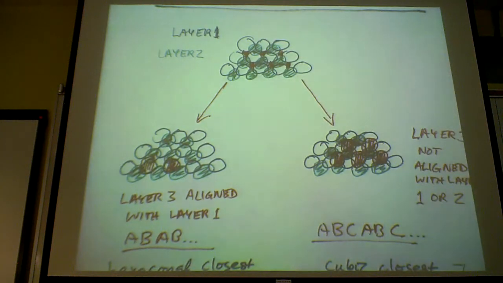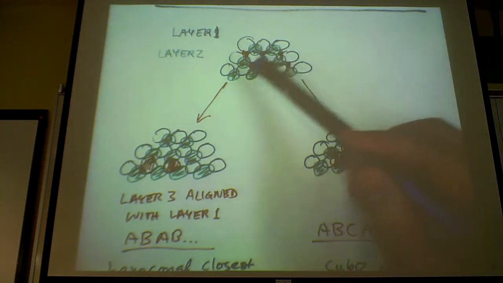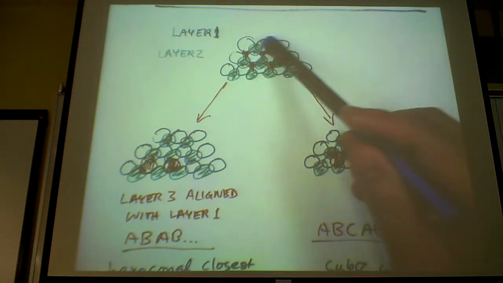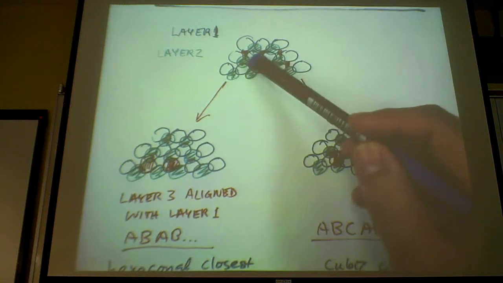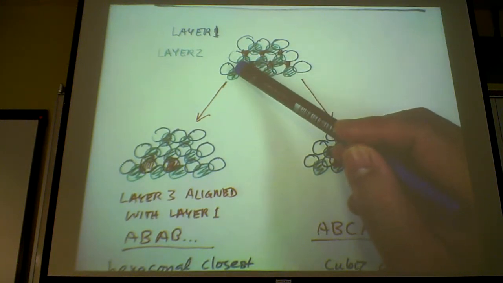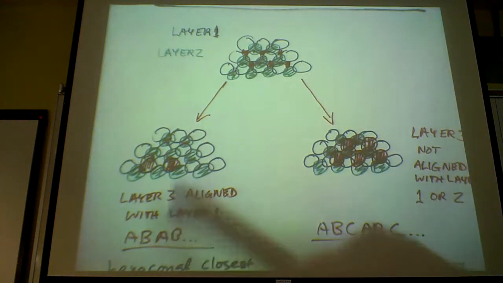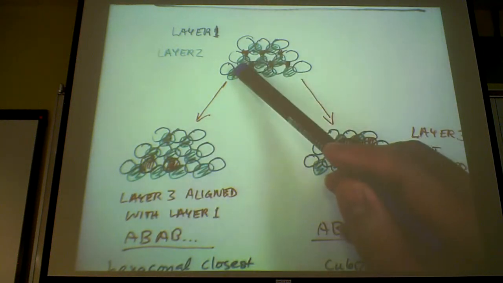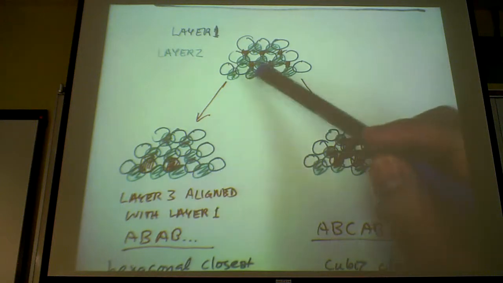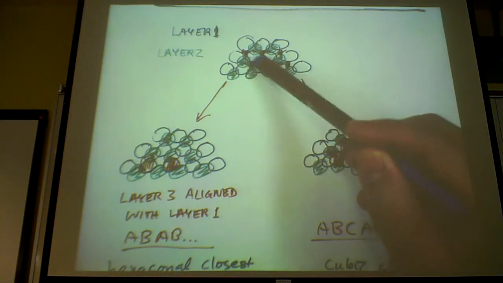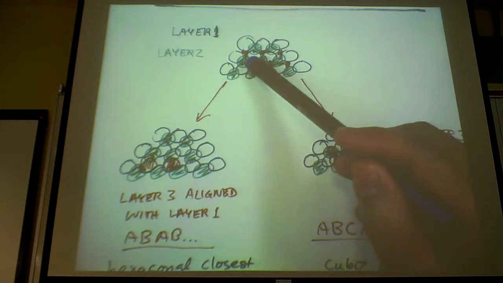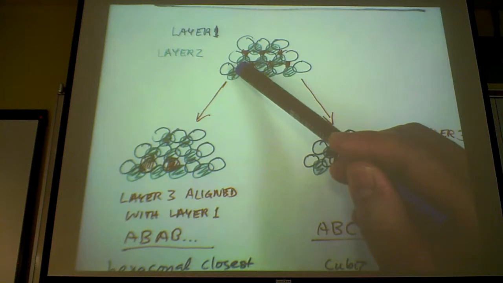So that's the AB structure. If I want to stack the third layer on top of these two, I have a choice. I can either stack it directly on top of the open circle, so I would have the AB structure, or I can stack it in this red empty space here, in between these three atoms, and this space is not directly on top of the open circle.